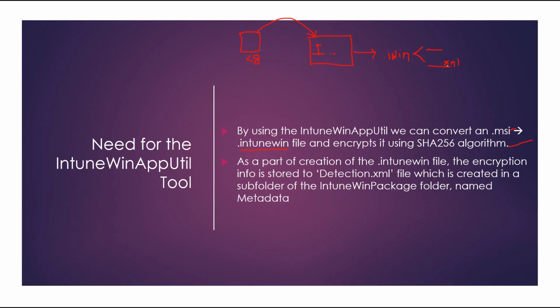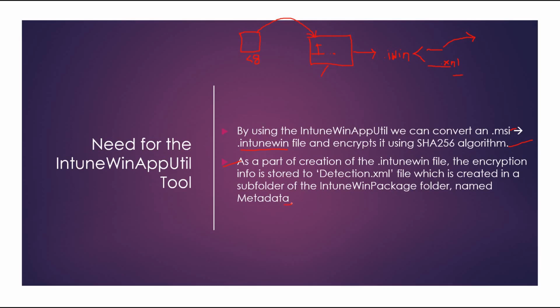This XML file contains all the information that is necessary to first decrypt this file and then install this file. So this is the entire process. This is what the Intune WinApp utility is doing. As a part of creating the intunewin file, the encryption information is stored in the detection.xml, which is created in a subfolder in the intunewin package folder named metadata.